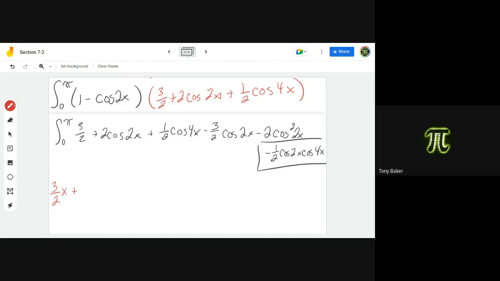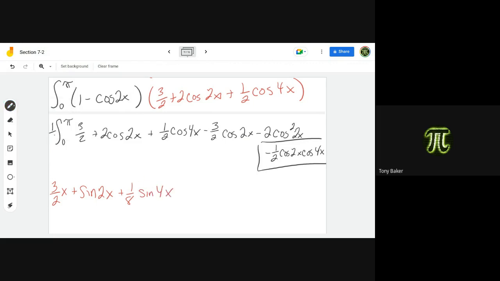Yeah. So that's just sine of 2x. The integral of cosine 4x is 1/8 sine 4x.